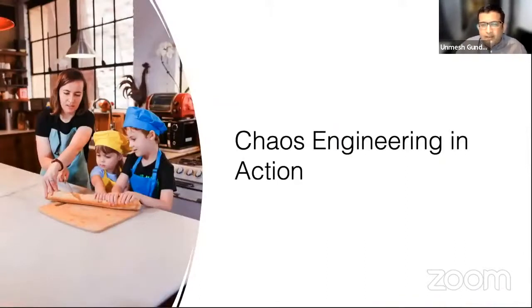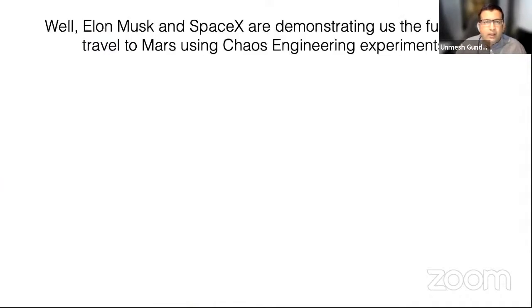So with that, we'll turn to demos. We'll look at chaos engineering in action. I'm going to cover two tools. One is the Chaos Toolkit, where we will cover the application level fault, and then I'll use AWS Fault Injection Simulator to simulate a fault in the infrastructure.